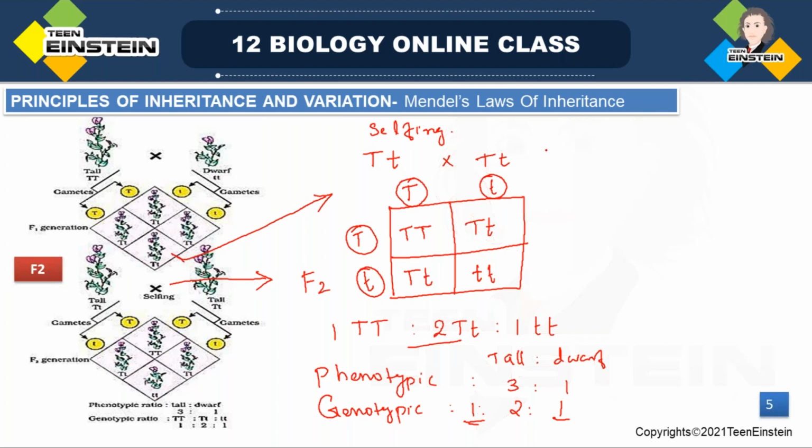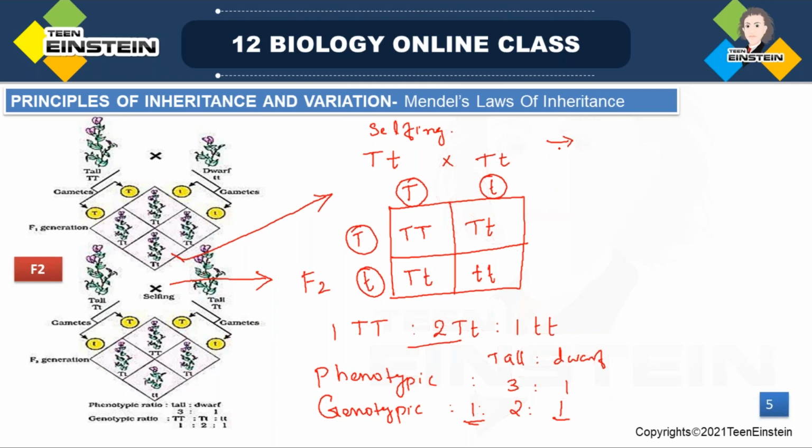So from the Punnett square, what all can we learn? What is the conclusion from the Punnett square? This Punnett square shows that the parental capital T, the male parent, and the dwarf small t, the female parent, will produce the gametes.